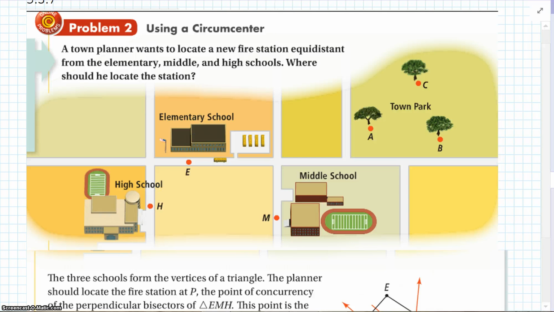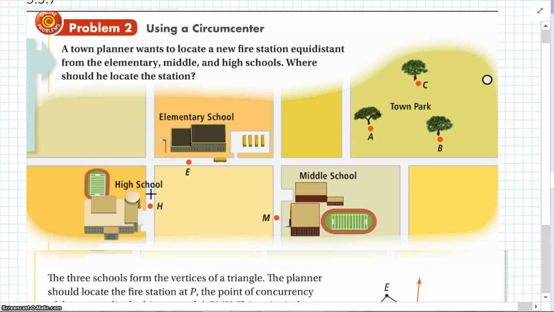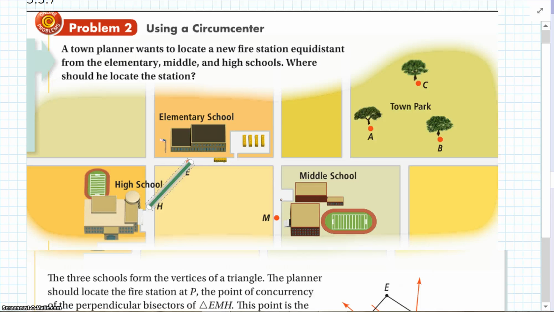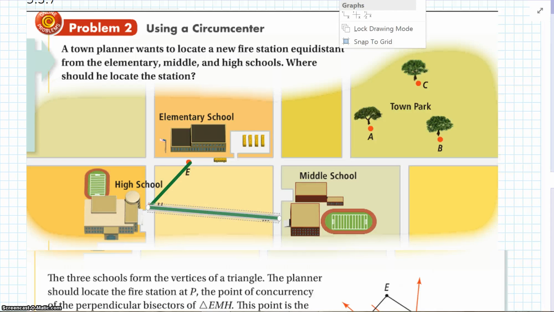So let's draw our triangle. There we go.